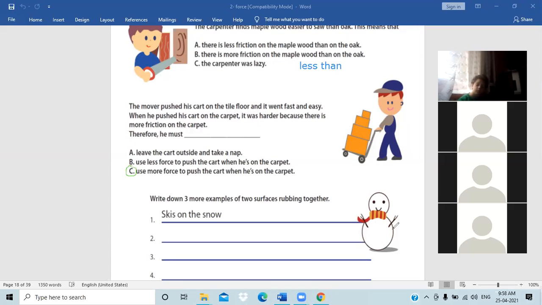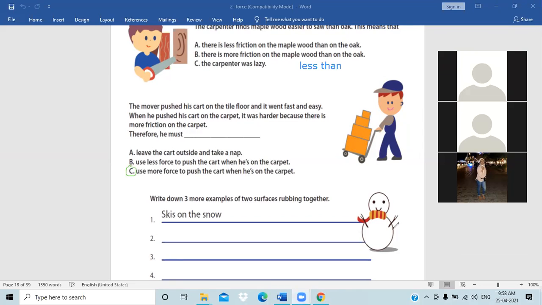The next question: write down three more examples of two surfaces rubbing together. I will pick someone to do this one. You can choose whatever forces you want. Malik, give me an example of two surfaces rubbing together.